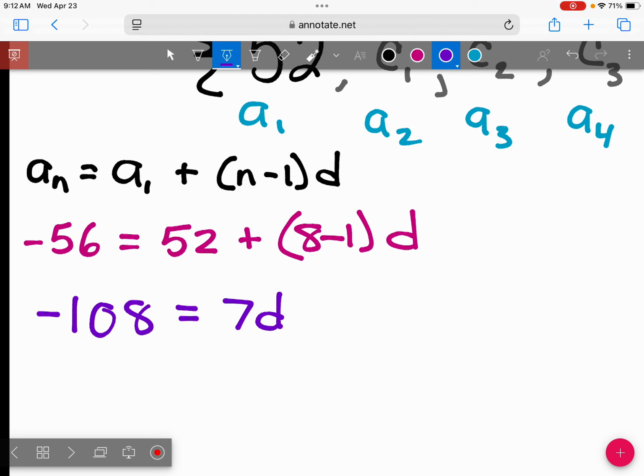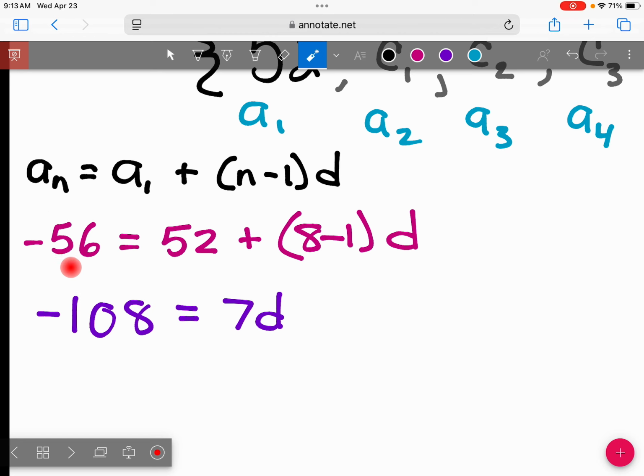Where'd I lose you? Why are we trying to use that 108? Well, I subtracted 52 from both sides. I'm just making a couple of jumps because I heard a lot of us working ahead. So I filled in all my pieces here. So we put our A sub n over here.